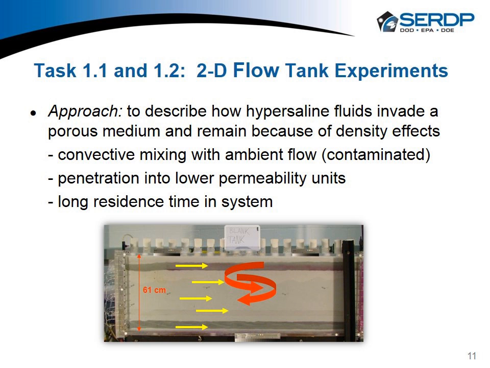So one of our early approaches then was to use our large tank, and there's a picture of our large tank there at the bottom. The purpose of this was really a proof of concept to show and illustrate how, for example, one could add potassium permanganate to a flow system high up in that system, and then count on convective mixing with the ambient flow.